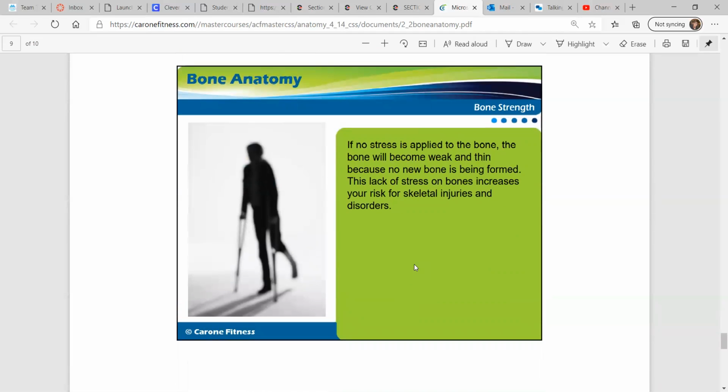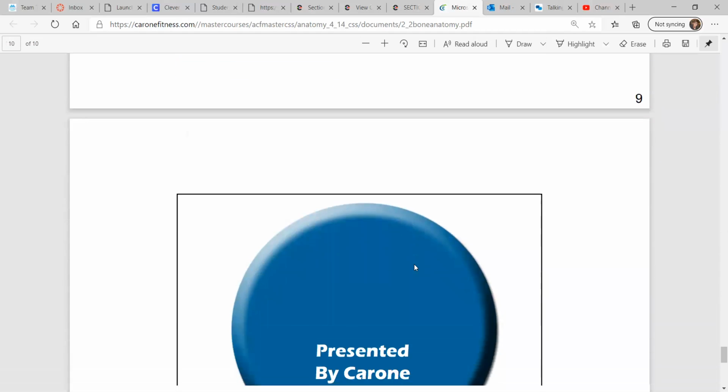Plenty of benefits. Now, if no stress is applied, the bone will become weak and thin because no new bone is being formed. This lack of stress on bones increases your risk for injuries and disorders.